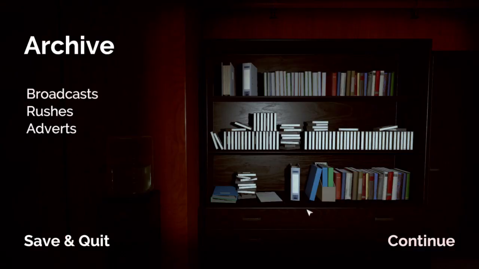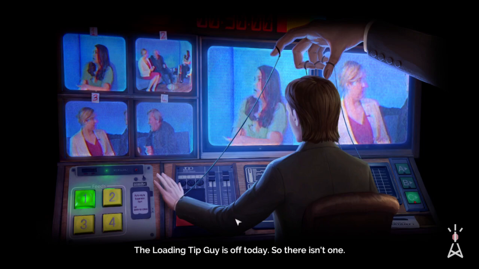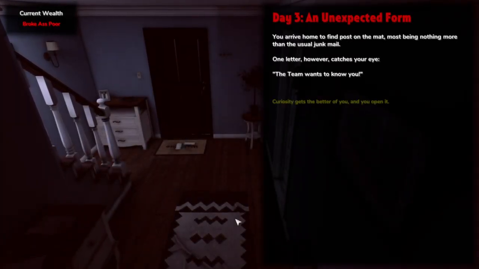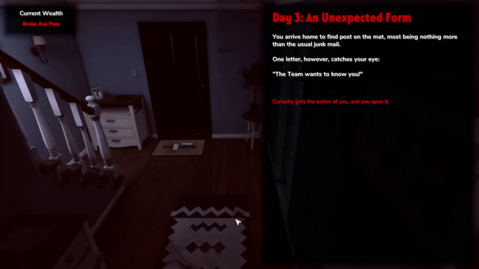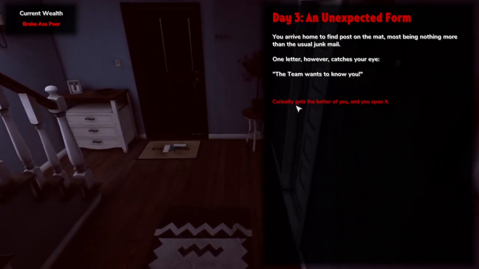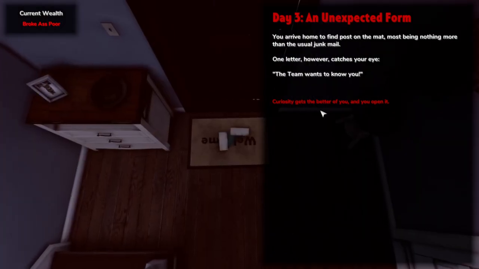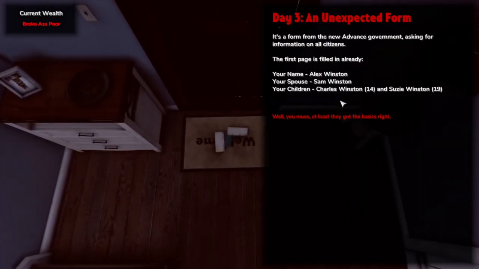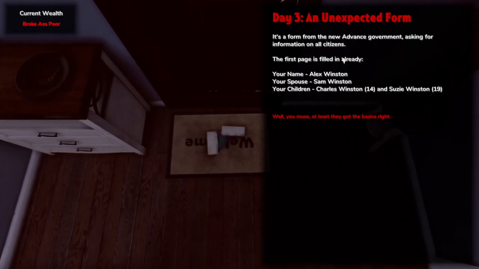Oh, okay, I don't want to see that. I don't think it's interesting enough to see all that. Oh my god, this is difficult. Day 3? It's already day 3? From the advanced government Article 4.